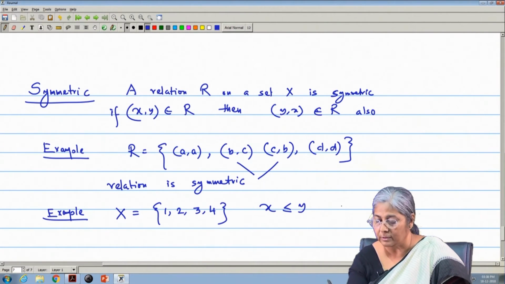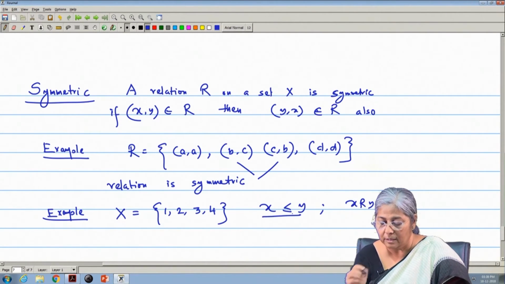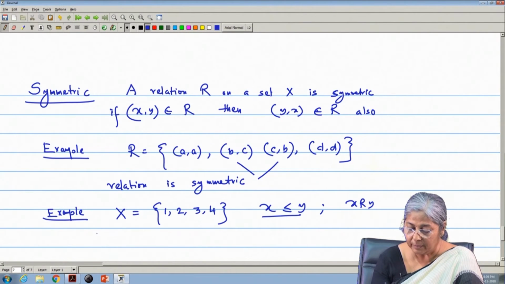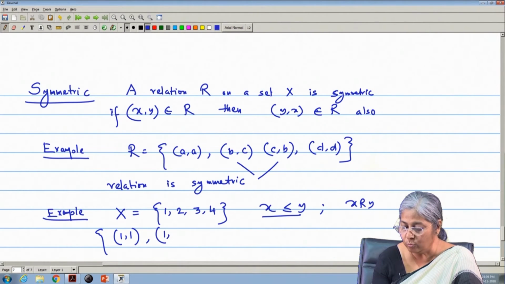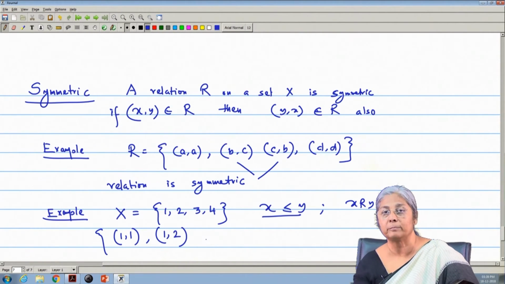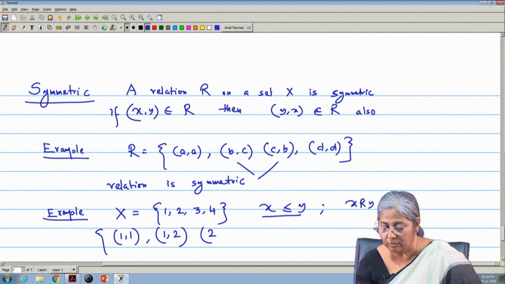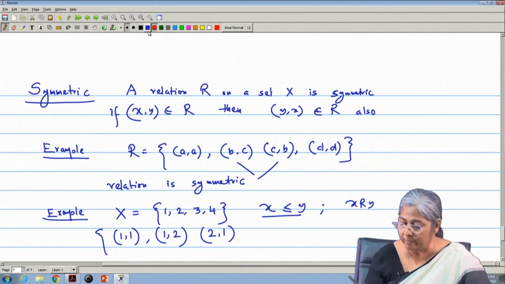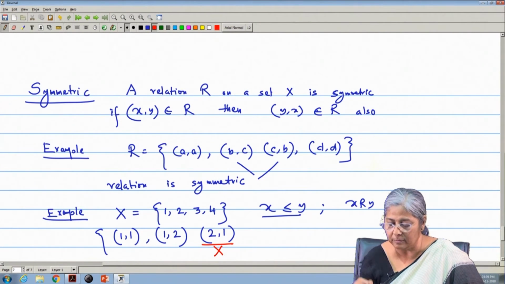Now, if x less than equal to y, then say 1 1 is there, 1 2 is there, but 2 1 never can be there. Here we never get 2 1 because it is ordered and x is less than equal to y. So, y never can be less than x. So, this cannot be here.